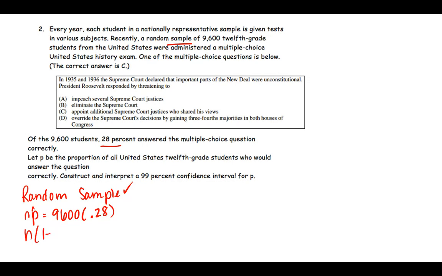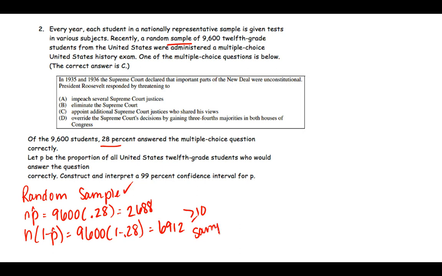And then I also need to check n times 1 minus p hat. So 9,600 times 1 minus 0.28. Those are both going to be at least 10, but those values work out to be 2,688 and 6,912. So those are both at least 10, sampling distribution approximately normal.